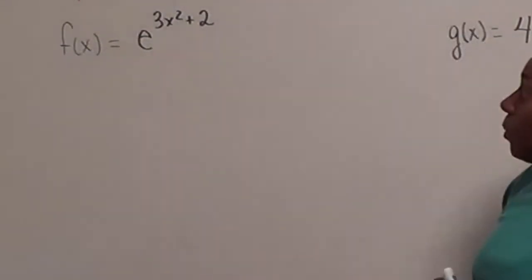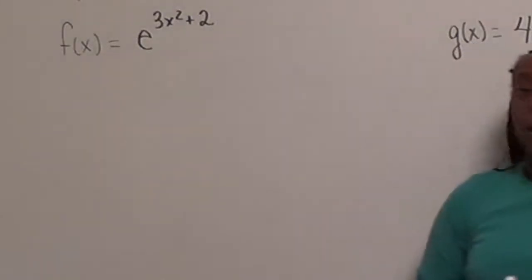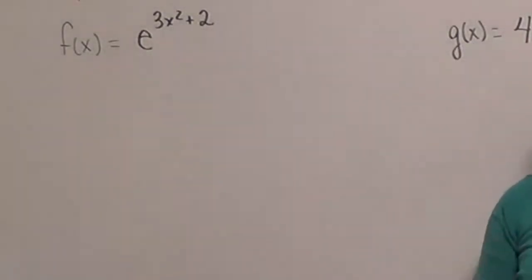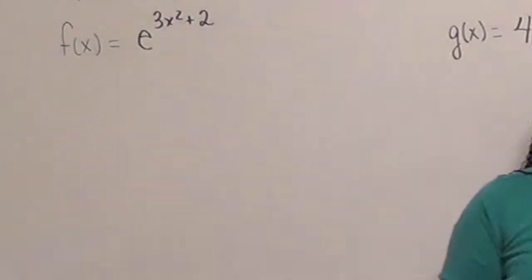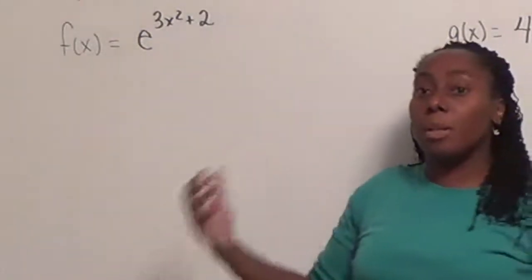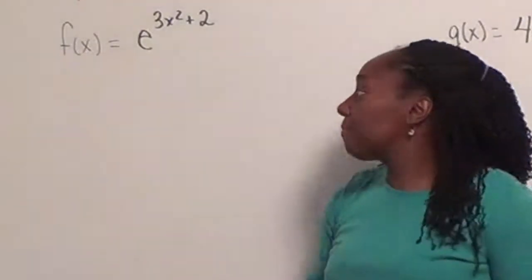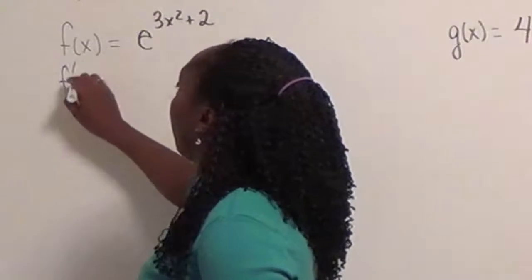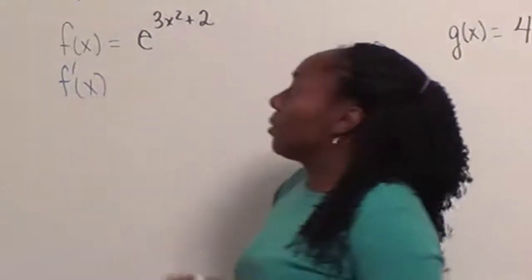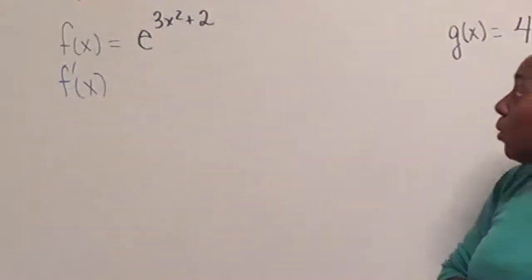In the next example, here we're looking at an exponential function, again base e, but also where our exponent has something other than x. So again, we need to apply our chain rule. Okay. So here, f of x equals e to the 3x squared plus 2.